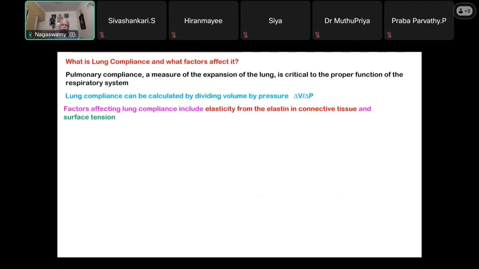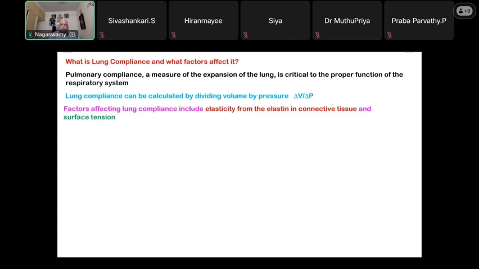You would all have seen balloons with a thicker wall and a thinner wall, used for decorating a birthday party or any function. Which is easier to blow, a balloon with a thicker wall or a thinner wall? Thinner wall. So compliance will be more, easily stretchable. That is the first thing, compliance of the alveoli. But they are not open to the atmosphere. They are enclosed in the thoracic cavity. So there is a chest wall compliance.